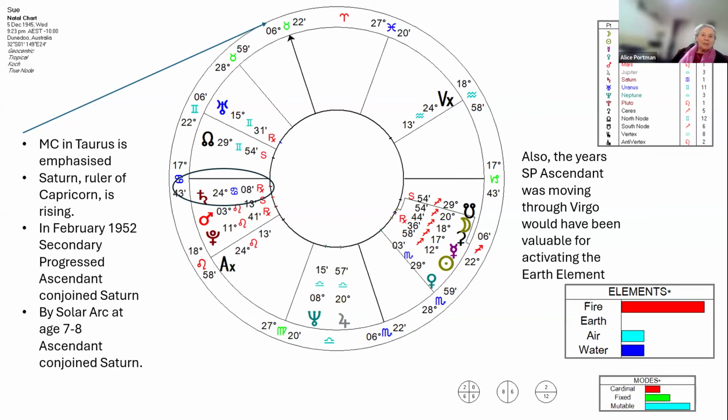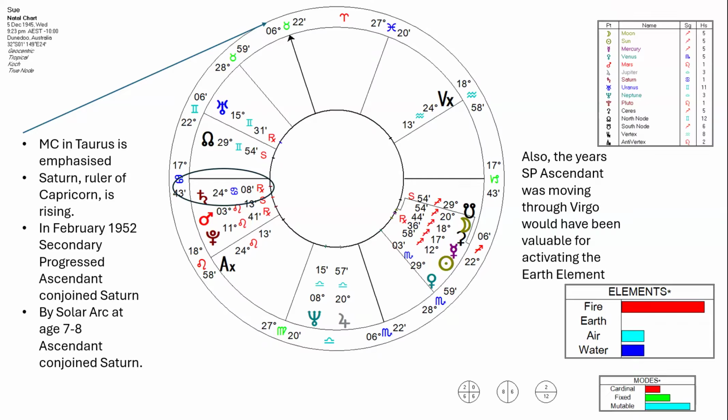There you are with the harsh people, because it then followed with solar arc coming through at 7 to 8, so you had the 6 through to 8 conjoining. That was an important time. Yeah. Nevertheless, that's giving you quite a lot. And also, the years the secondary progressed ascendant was moving through Virgo.